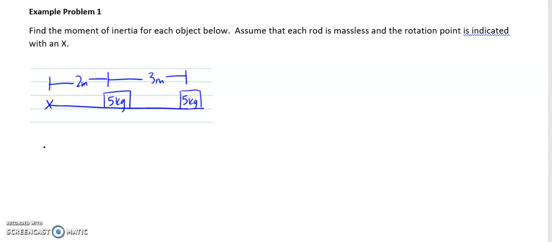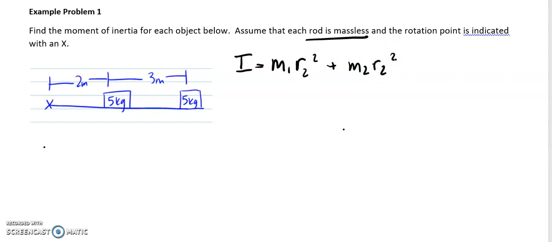For our first problem, we have a massless rod and 2 point masses, a 5 kilogram and 5 kilogram, one 2 meters away from the pivot point and one, it looks like, 5 meters away from the pivot point. First thing I'm going to do is write down my equation for moment of inertia. I know we're dealing with point masses. The rod is massless, so I don't even have to worry about it at all. So it's m1 r1 squared plus m2 r2 squared.